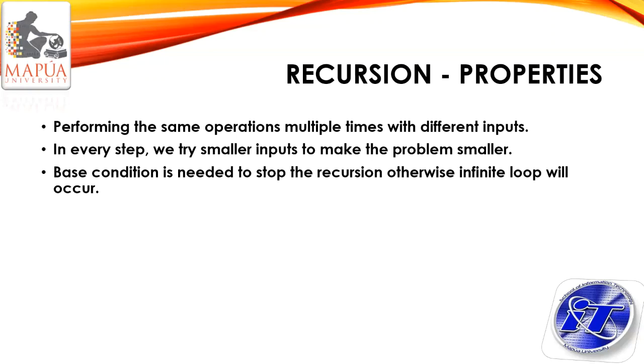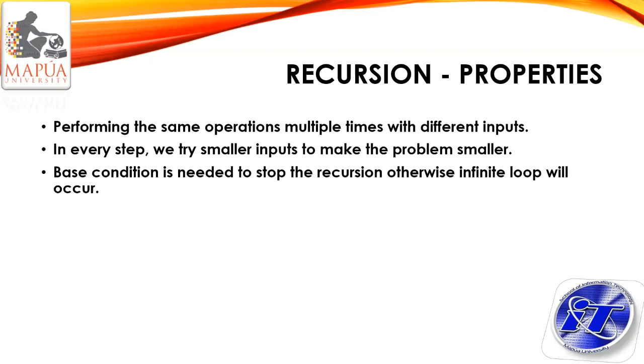And then afterwards, we're going to summarize or add up all the values from 1 to n to get the whole solution. Okay. And in every step, we try a smaller input to make the problem smaller.